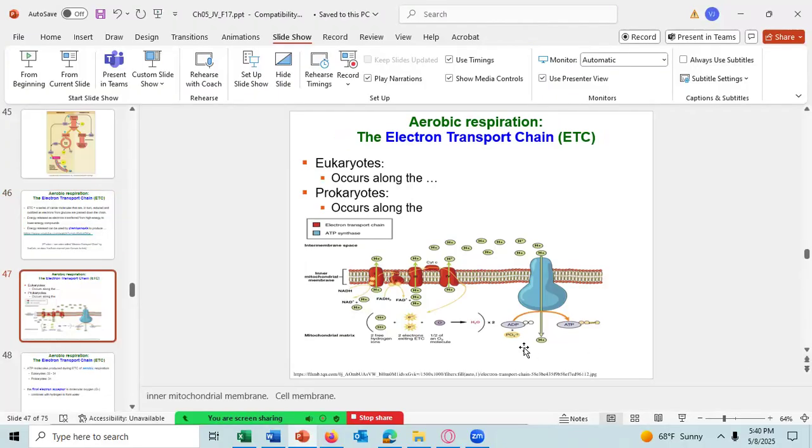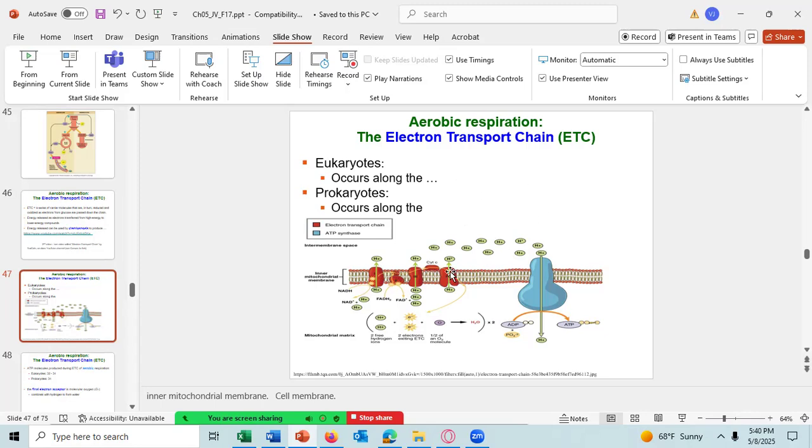The electron transport chain is called that because it is a chain of proteins in a membrane. And the electrons transfer from one protein to the next protein in the membrane. So why it's called the electron transport is because electrons are transported from one protein to another.